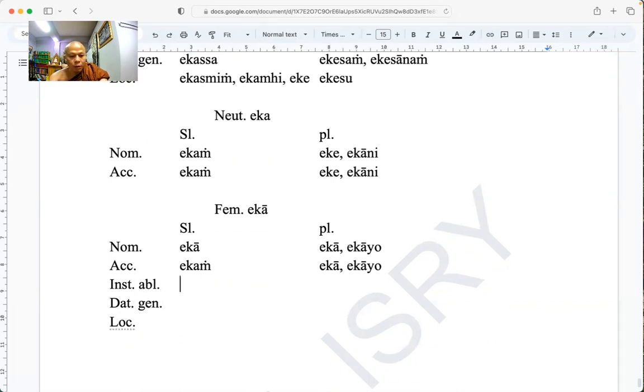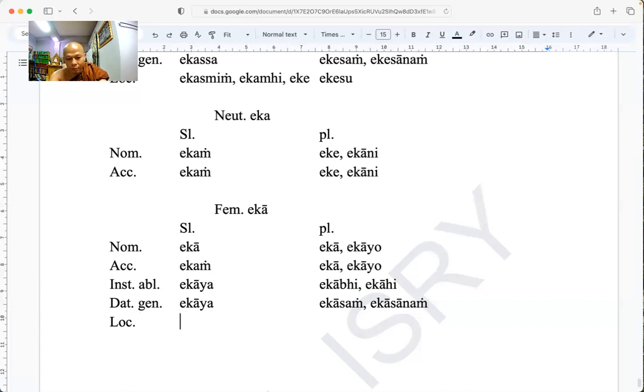The common form is ekaya. Plural form is ekabhi and ekahi. Dative and genitive also ekaya, and for plural ekasam and ekasa.